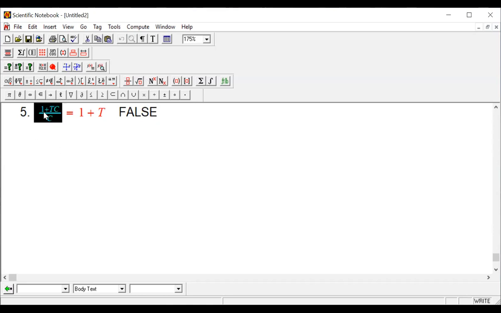What should be done is on the left-hand side, you take the c, divide it into 1, so you get 1 over c plus tc divided by c. So in the second term, the c and c can reduce, so you get t. Okay, so this is right. The top is wrong.